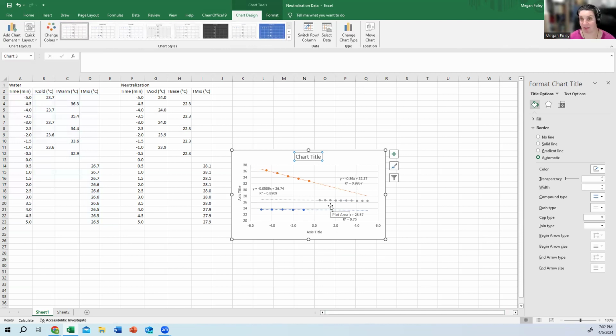We can name it several different things, but we are calibrating our calorimeter right now. So we can call this a calorimeter calibration. I can't spell calibration.